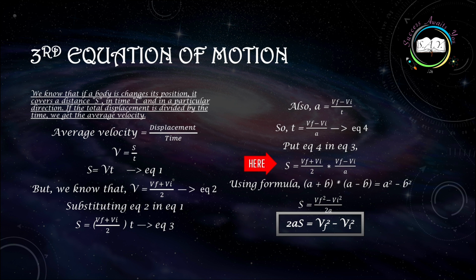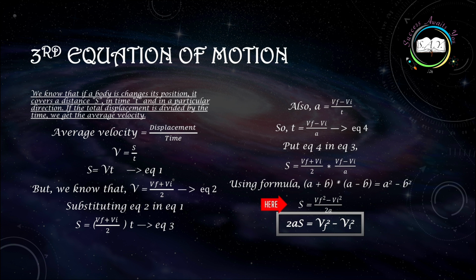Put equation 4 in equation 3, that is, s equals vf plus vi upon 2 multiplied by vf minus vi upon a. Then use the mathematical formula a plus b into a minus b equals a square minus b square.